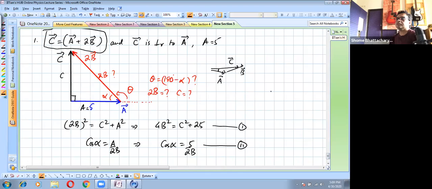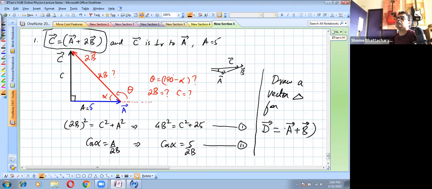So just like I've done this, now next thing what I want you to do is draw a vector triangle for the operation D is equal to A plus B. And from that get a third equation, okay, where it is known to you that magnitude of D is the same as the magnitude of A, which is 5.